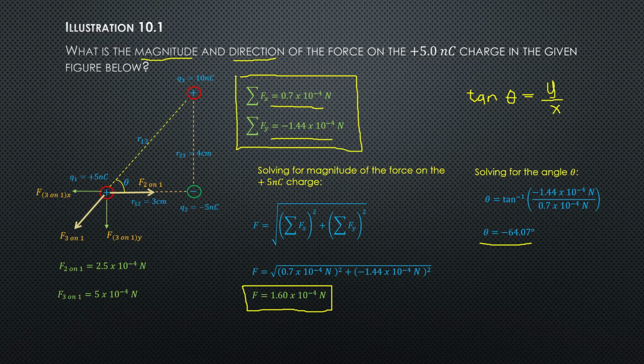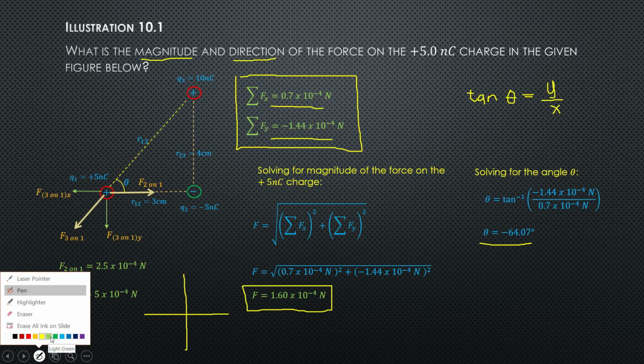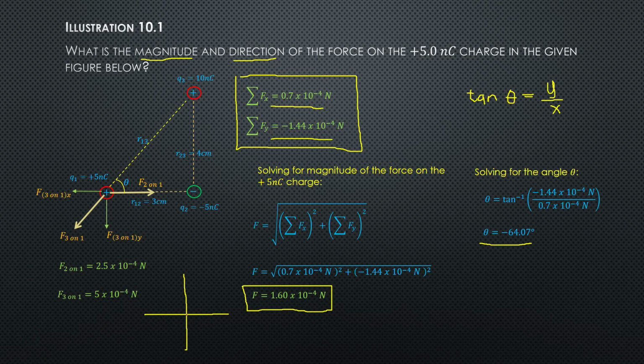If you plot these values using the Cartesian plane, the summation of forces x is on this side, this is the summation of Fy approximately, and the summation of Fy is this one.